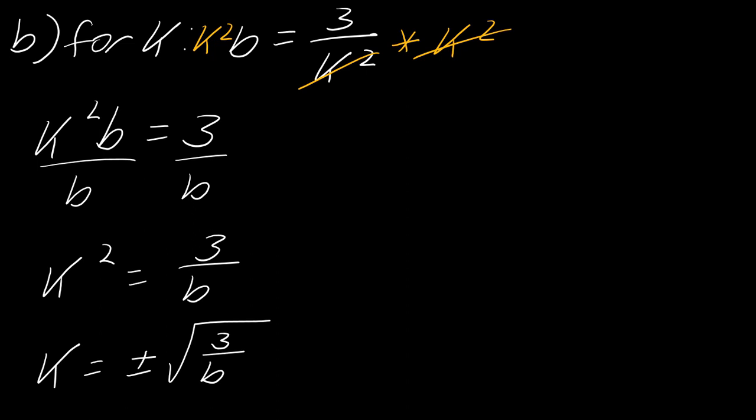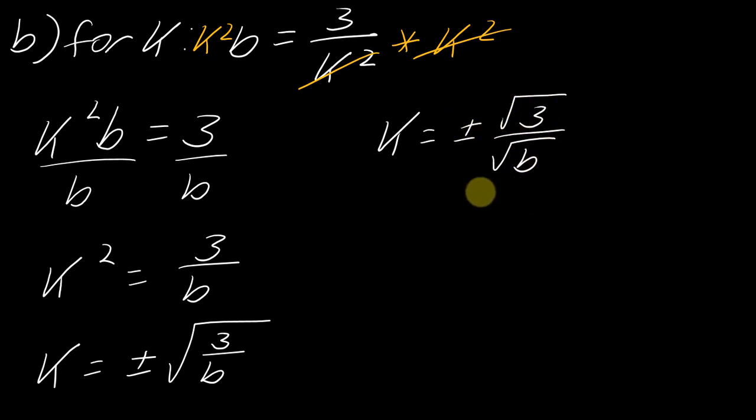Now, in this particular case, this is a little tricky because if I were to break this up, I have the square root of 3 over the square root of b. One of the ways of dealing with square roots is that we can't have square roots in the denominator, so I have to rationalize this.